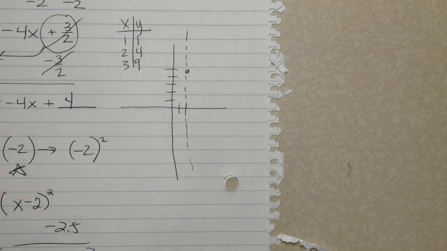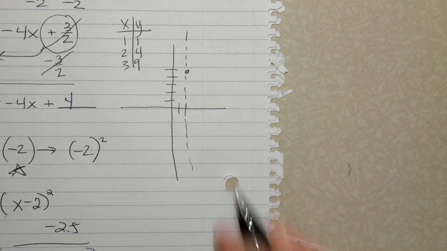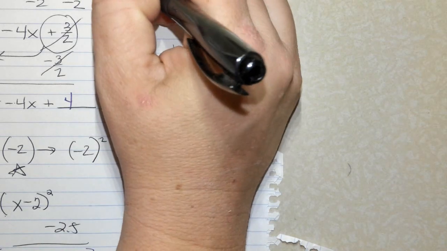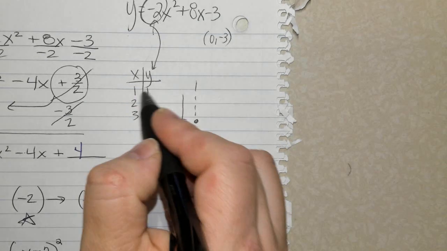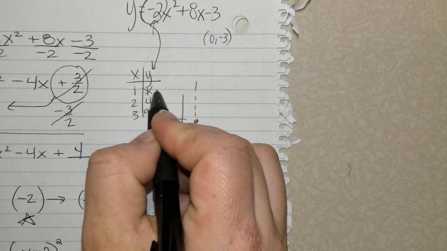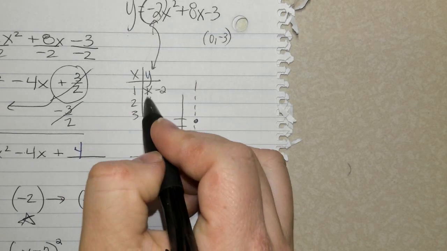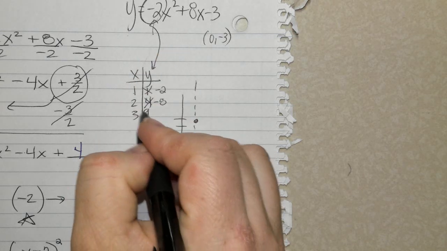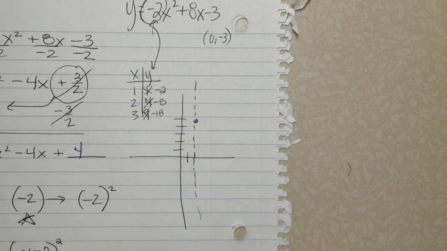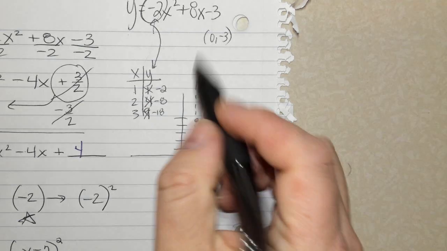Now I cannot just use these points to immediately graph, because what's different is that my a value is not 1. So I need to take all the y's times an a value of negative 2. So 1, negative 2; multiply, 2, negative 8; and 3, negative 18. It's unlikely I'm going to go all the way to 3. How do I now use those points to graph the parabola accurately?